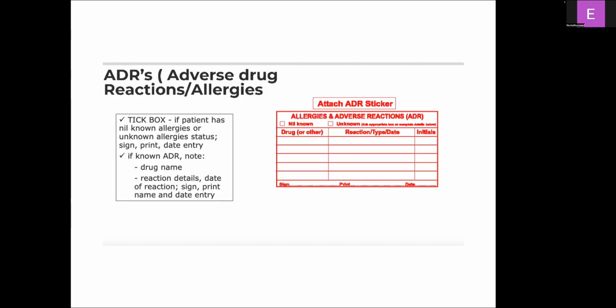Okay, so once they enter the details of the drugs or medications or allergies here, the person entering the information will have to sign here and print their name. When we say print your name, that means your full name. So write your full name in a proper way, okay?